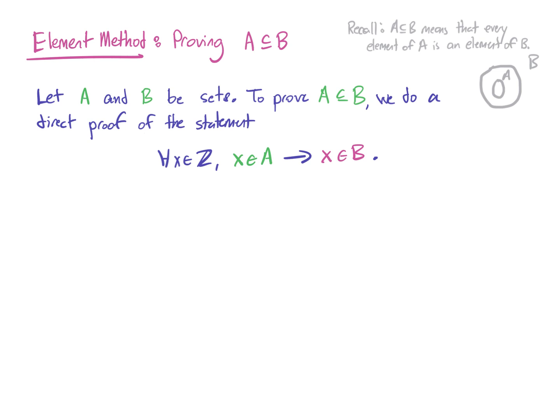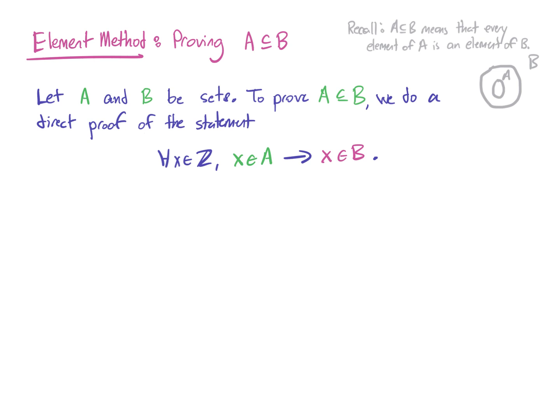Now, this means that the structure of our proof is much the same as with the other direct proofs we've been doing. There is one piece about this that I want to emphasize. It's easiest to do this when both A and B are described in set builder notation.